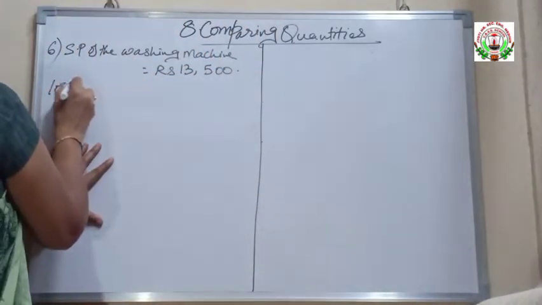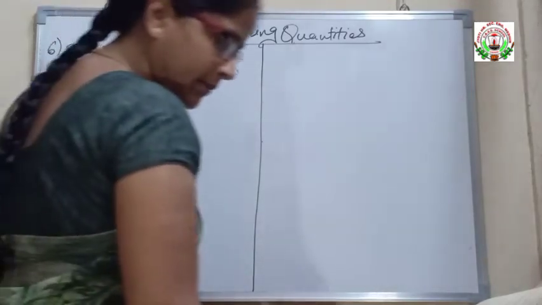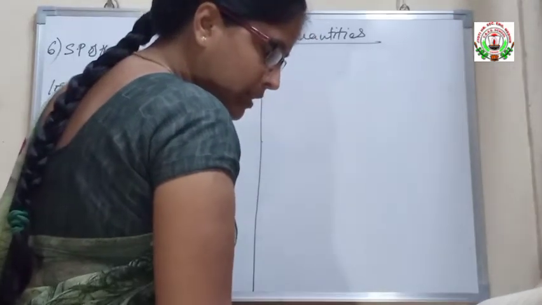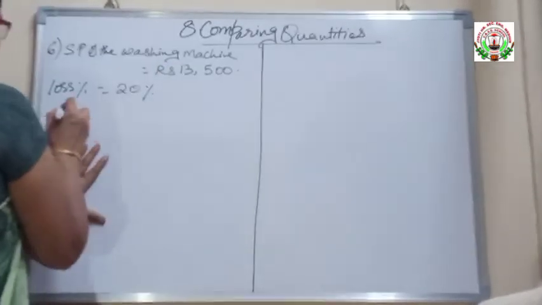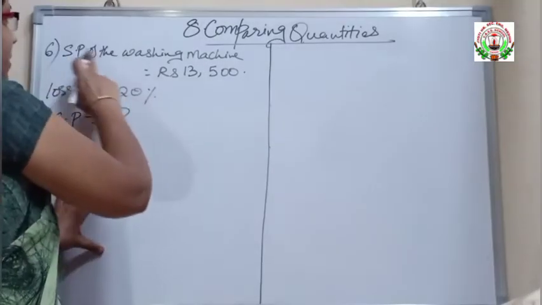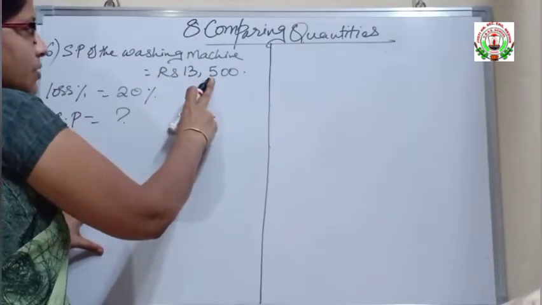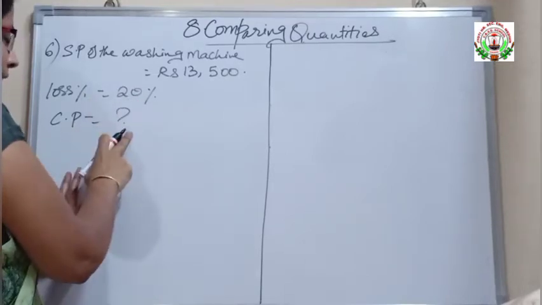They have given loss percent as 20% here. In the bargain, what was the price at which she bought it? Means they are asking about the cost price. So here they have given SP of the washing machine, it is rupees 13,500.